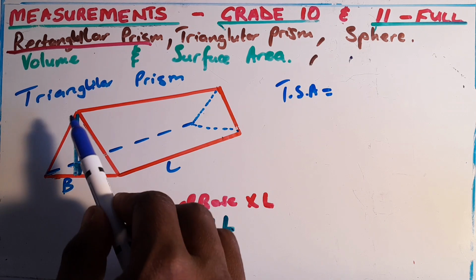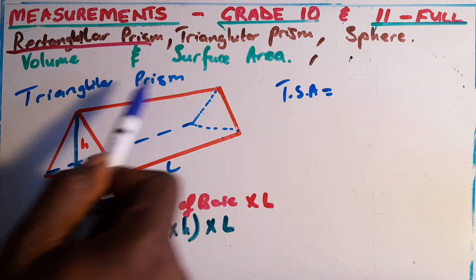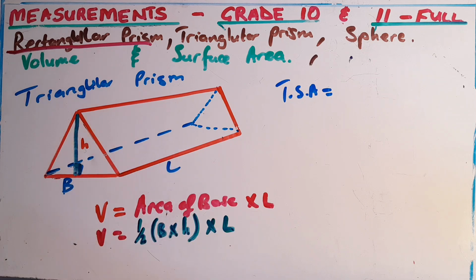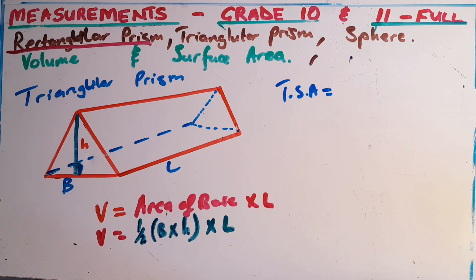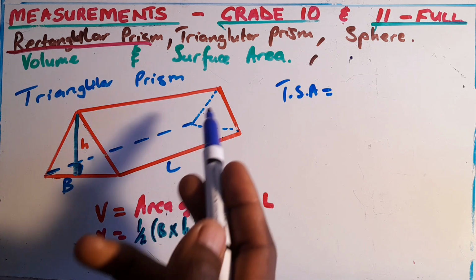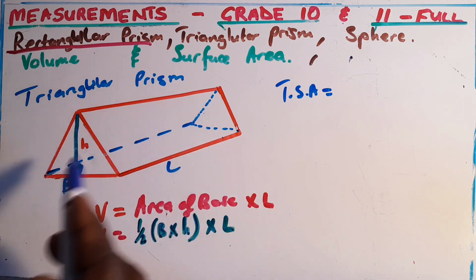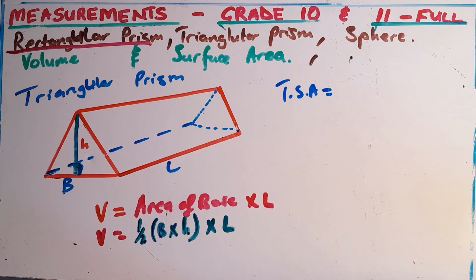So it means that we are adding the area of this face facing us, the area of that face facing that way, the area of this face facing below, and the area of this triangle and the area of this triangle. But these two triangles have the same area, because these triangles are equal.